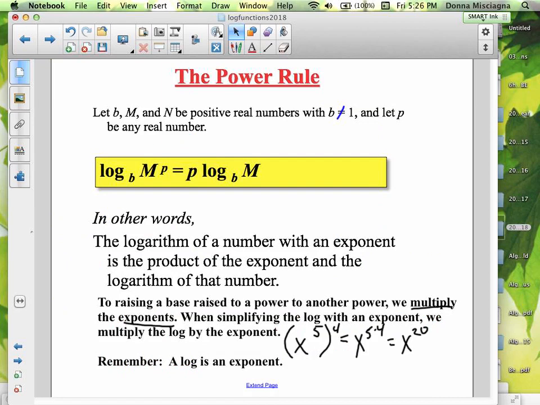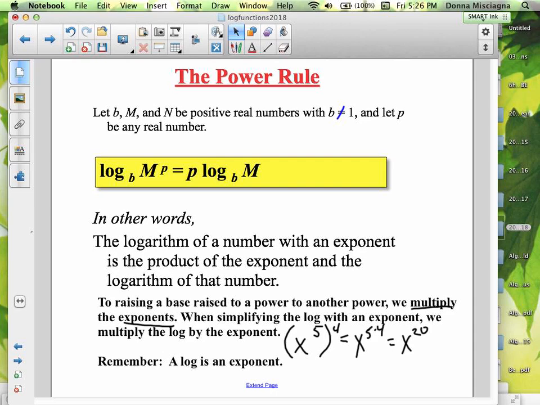All right, so let's take a look at this rule here. I have a log, and it has an exponent on it. That's the same as the product of the exponent and the log. So if we think about what we do when we have an exponent raised to a power, we multiply the exponents.